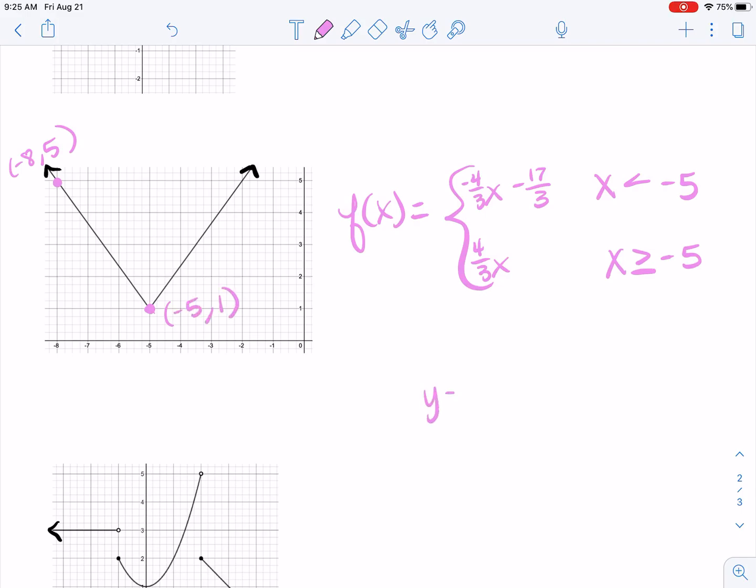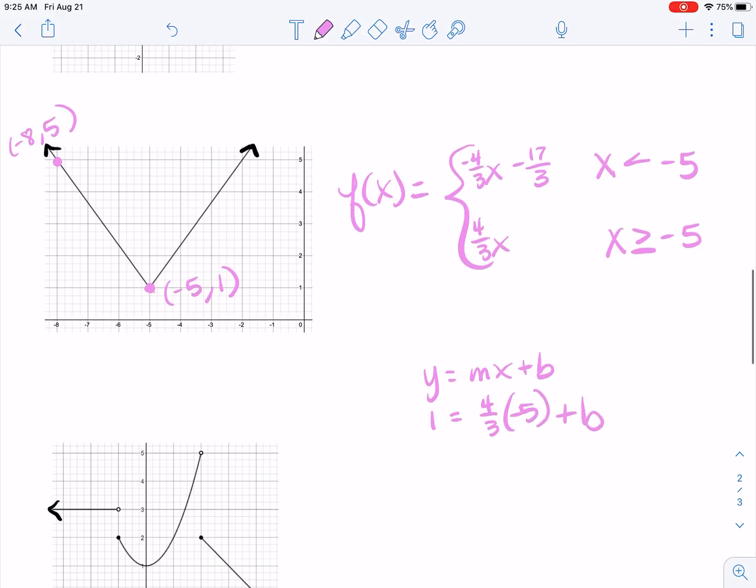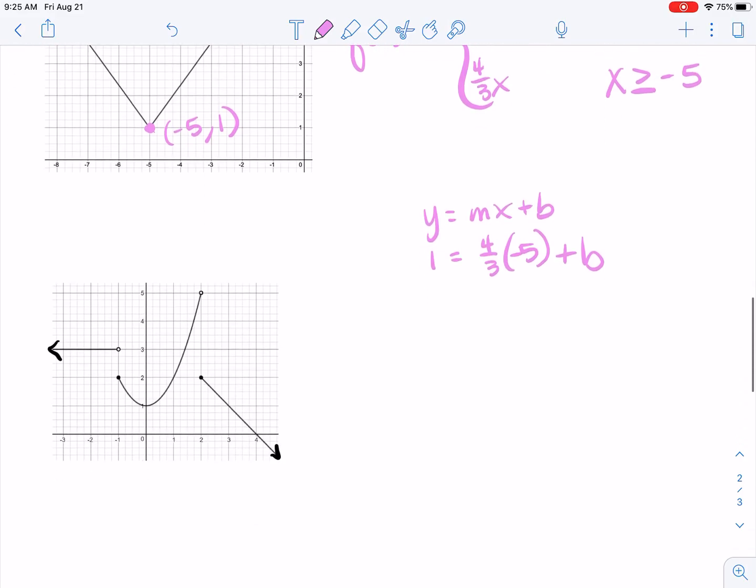So I can say y equals mx plus b. I can use 1. I can use my positive 4/3, my -5 plus b. This time we know it's going to be a positive number that's bigger than 5. Okay. So multiplying that, it's going to be 1 equals, that's going to be a -20 over 3, which cannot reduce, plus b.